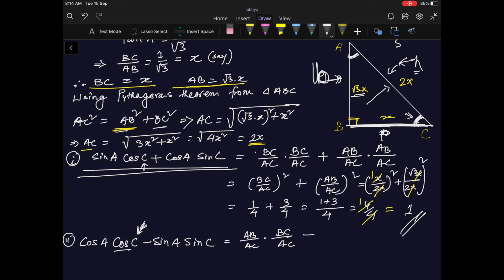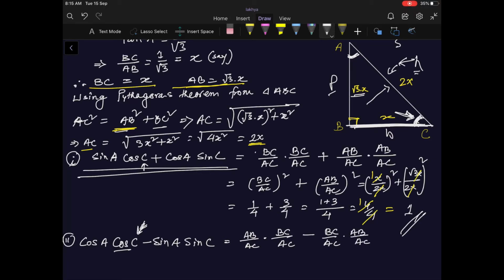So sin A should be perpendicular by hypotenuse, so BC by AC, then sin C. Now we are going to take the angle C. With respect to angle C, we have to consider AB as perpendicular and BC as base, and sine of angle C is the ratio of perpendicular to hypotenuse, so AB by AC.